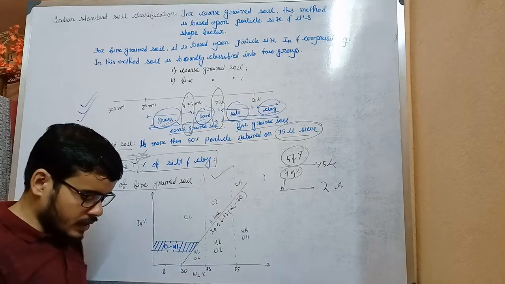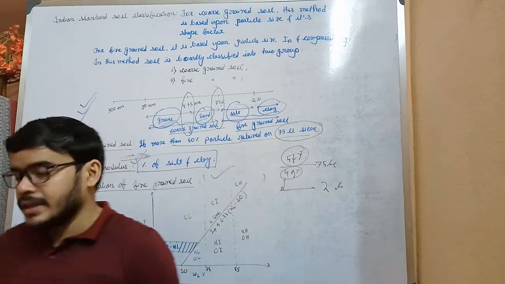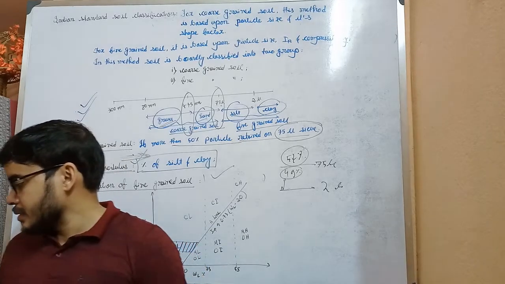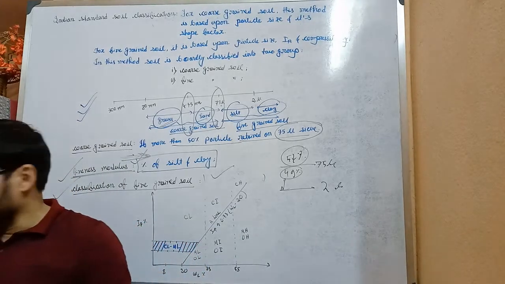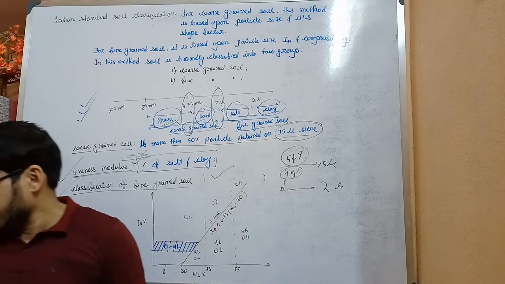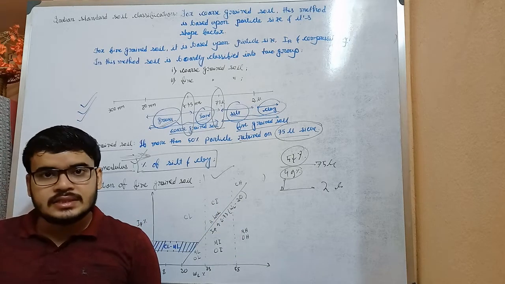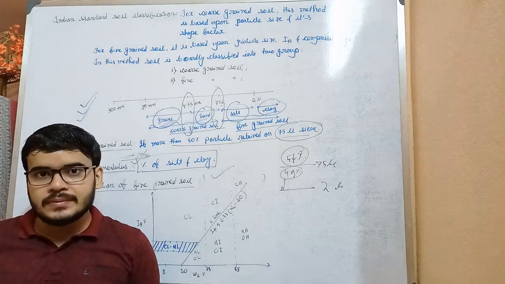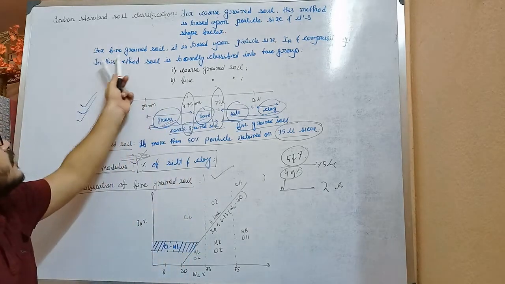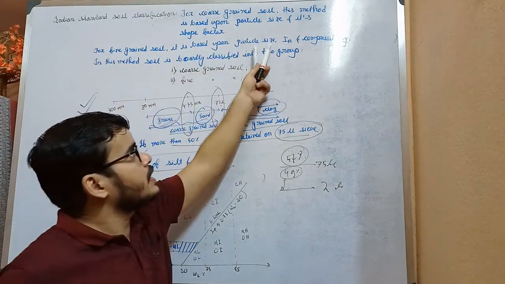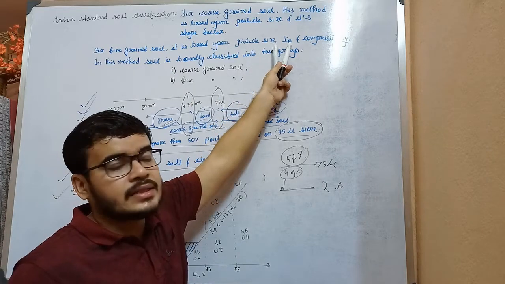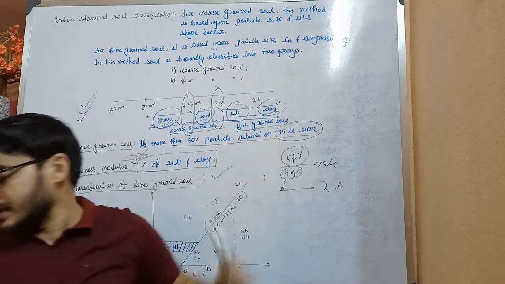Okay, I am telling this, write this down. Okay, it is based on particle size, plasticity and compressibility. This fine grained soil is based upon particle size, plasticity index and compressibility.